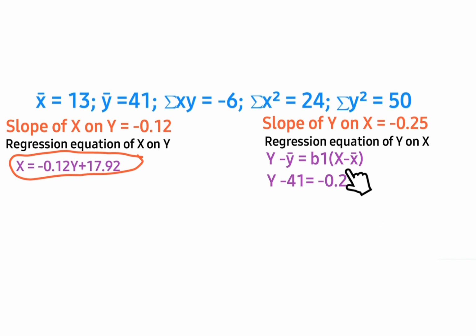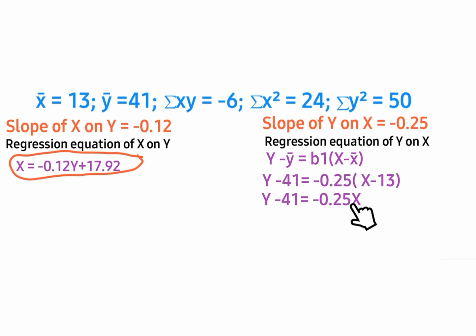We have x minus x mean. X mean we had 13 here. Going forward, we have y minus 41 equal to minus 0.25 times x, minus 0.25x, right? Minus 0.25 times minus 13. Of course, that gives, we have plus here because minus times minus gives us plus.